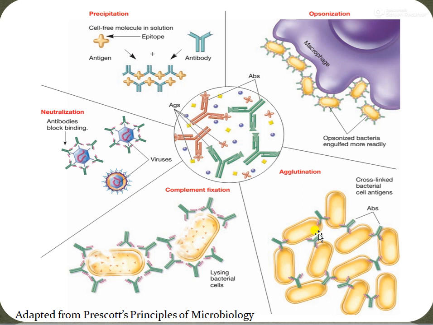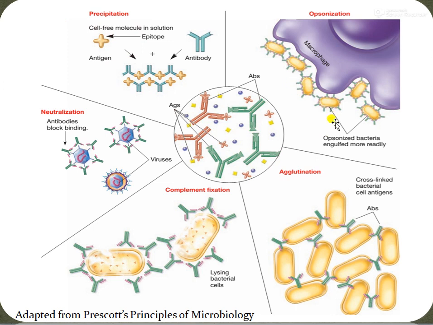The pathogen as such is not a particulate one. It's not a soluble one. In such cases, what happens? You can have an agglutination reaction. So if the pathogen is a soluble antigen, it will go for a precipitation reaction, and if it is a particulate antigen, it will undergo an agglutination reaction.